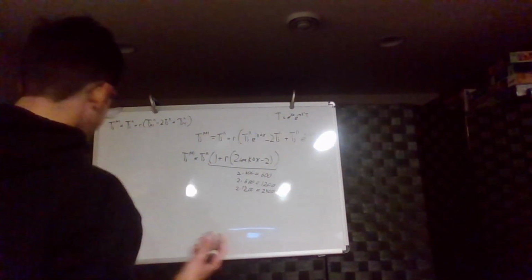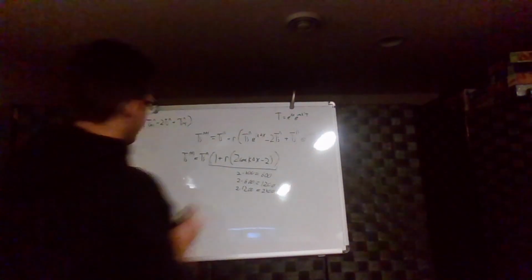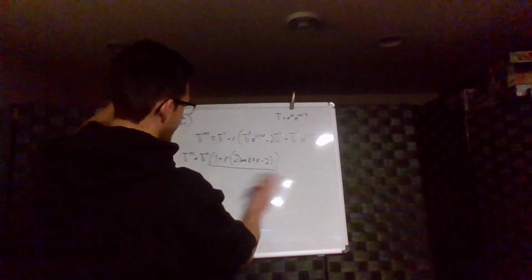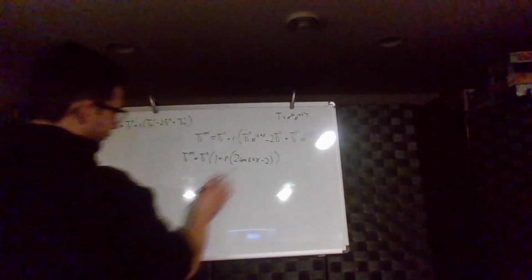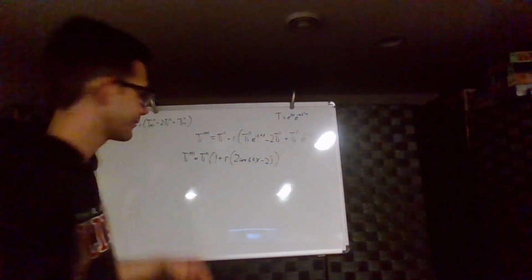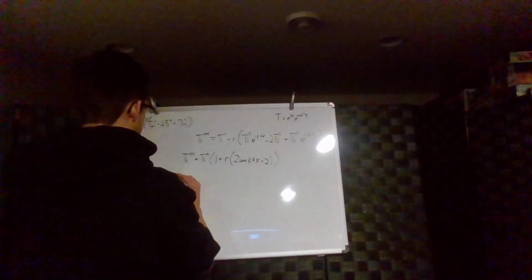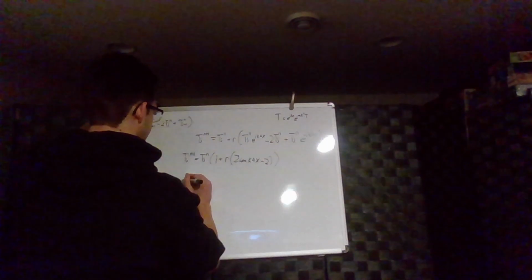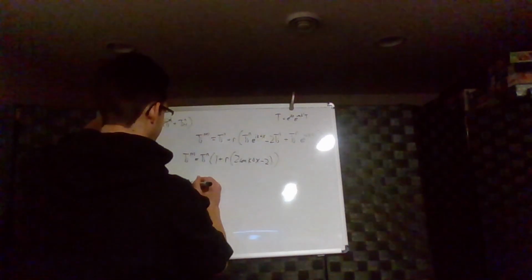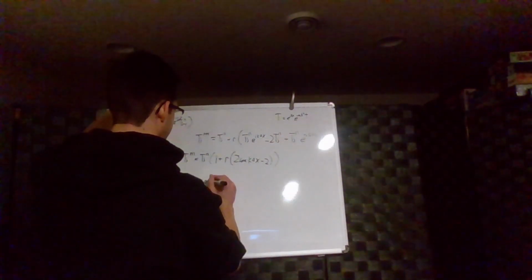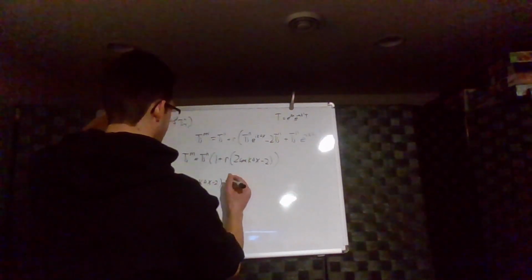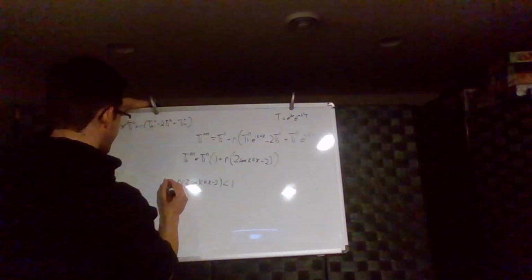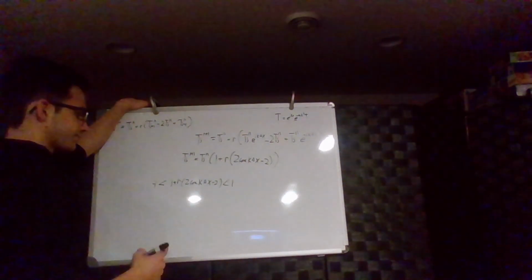So we notice then that for stability's sake, this part of the equation has to be between 1 and negative 1. All right. So 1 plus 2r(cos(k Δx) − 1) has to be between 1 and negative 1.